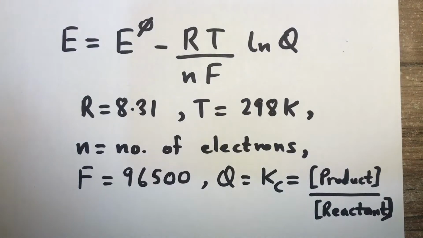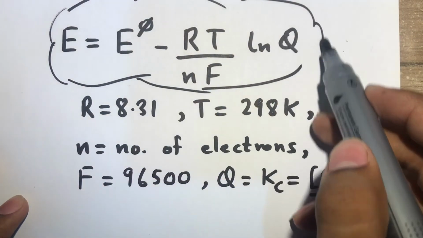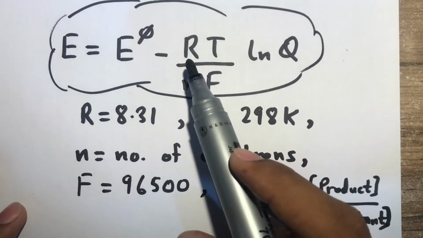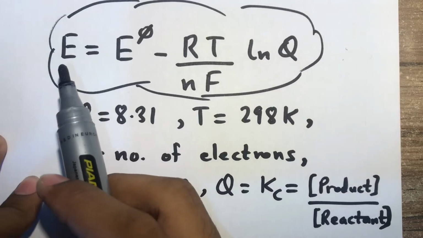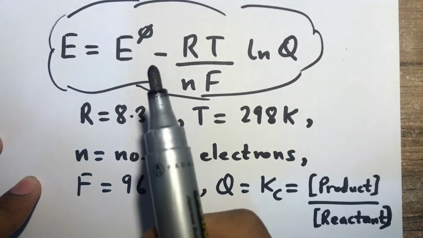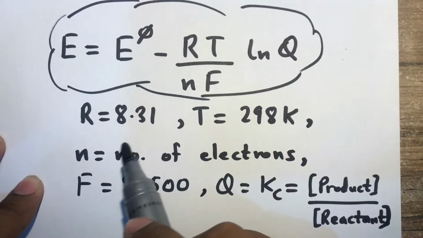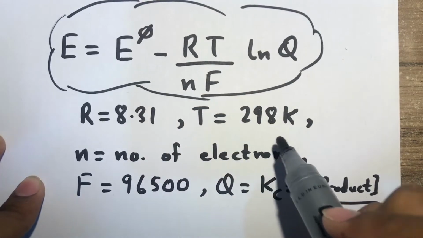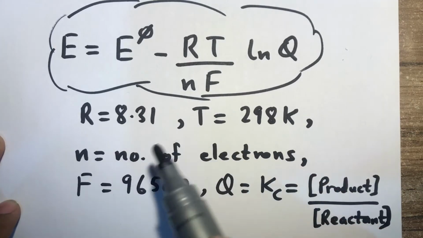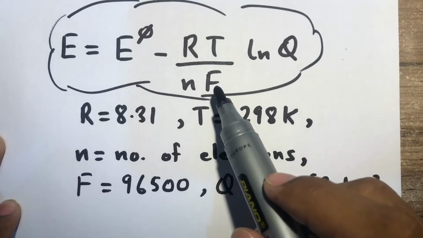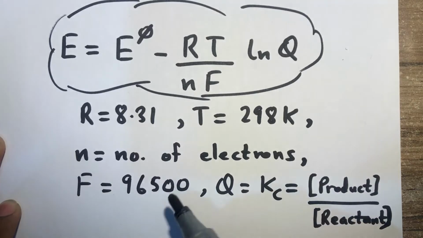What is the Nernst equation? So the Nernst equation is basically this equation: E equals E naught minus RT upon nF ln Q. Over here E is electrode potential, E naught is standard electrode potential, R is the universal gas constant, that is 8.31, temperature is always 298 Kelvin, n is the number of electrons that were used in the electrolysis, and F is Faraday's constant, which we did in the first video on electrolysis, that is 96,500.